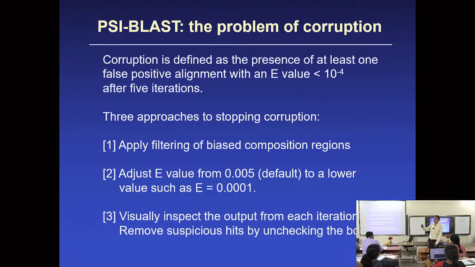So you will get fewer hits, but you will have more confidence that they are really good hits. Okay. And if you are an expert, then visually inspect the output from each iteration and remove suspicious hits by unchecking the box, because when it is checked, it means that they will be included in making the position specific matrix. So you can uncheck if you are an expert, then they will not be included in deriving the position specific scoring matrix. Okay.